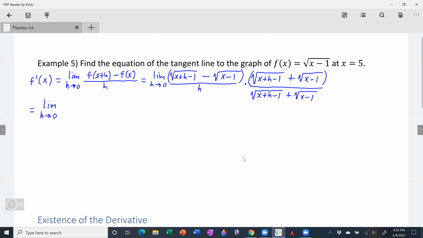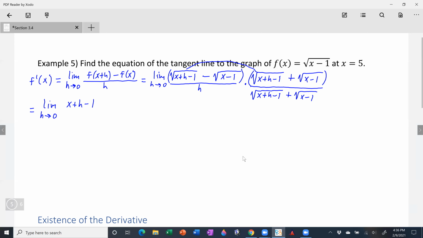If we FOIL this out, we do get the predictable cancellations, but I'll walk through it again. The first times the first, the radical will cancel, and we get x plus h minus 1. Now for the outer parts, these two are going to look really nasty, but they're going to cancel, so I'll write it out.